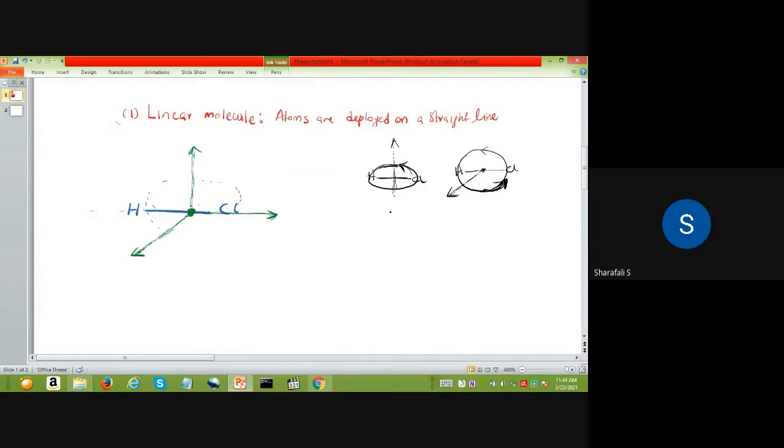Another rotation which is possible is that we have H here and chlorine here, separated by this bond, and the chlorine can rotate like this. The hydrogen can rotate like this, in the same fashion.